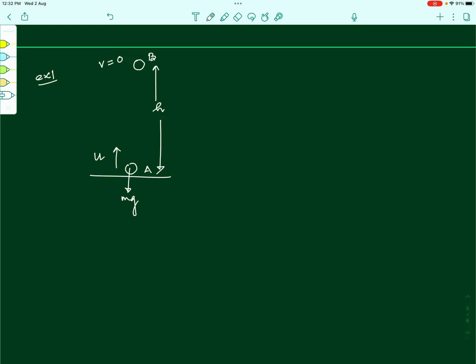And if it is a conservative force, I can conserve the total energy of the ball between the points A and B. So, we use the law of conservation of energy between the points A and B. So, we say that the kinetic plus the potential energy at A should be equal to the kinetic plus the potential energy at B. What is the kinetic energy at A? The kinetic energy at A is half mu squared, plus the potential energy at A. Now, we need to take a reference over here. We need to fix up where we take the potential energy to be 0.